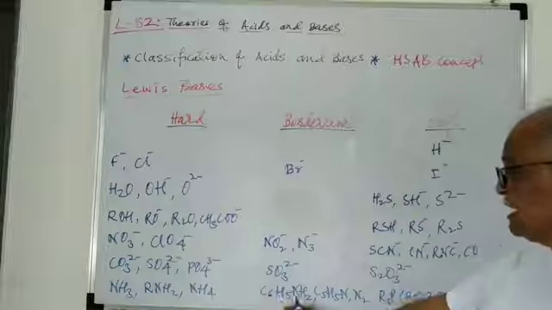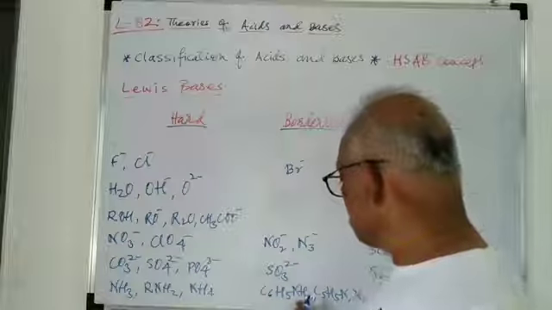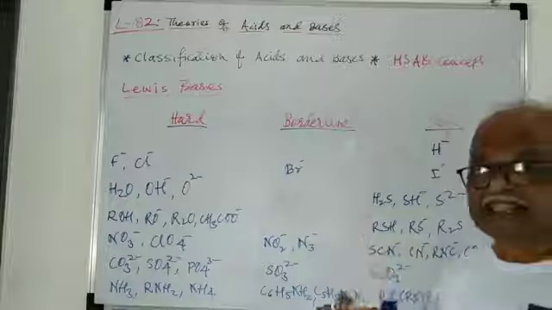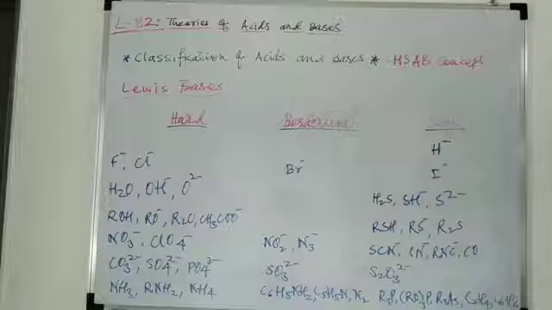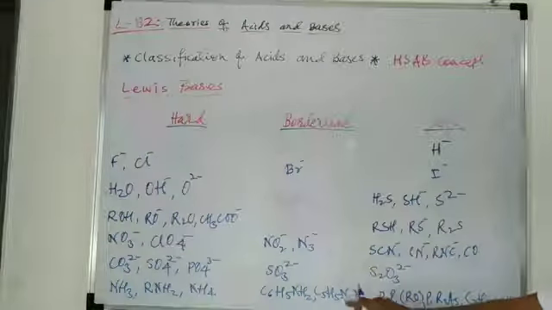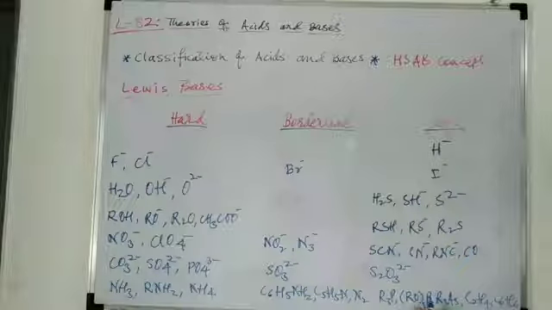But here the pi electron cloud attracts the electron pair on this nitrogen, so these are relatively less hard species. And this species R3P contains phosphorus, which is below nitrogen in the periodic table, so these are also softer species.